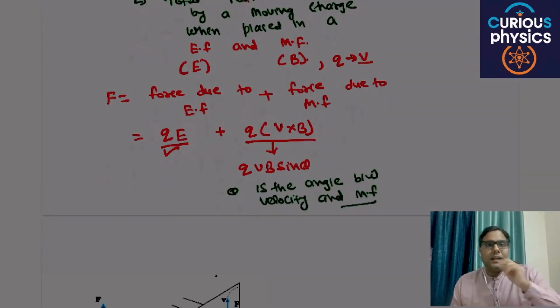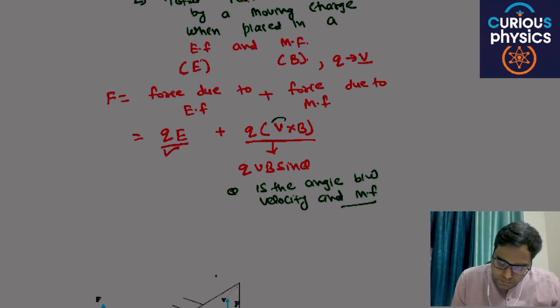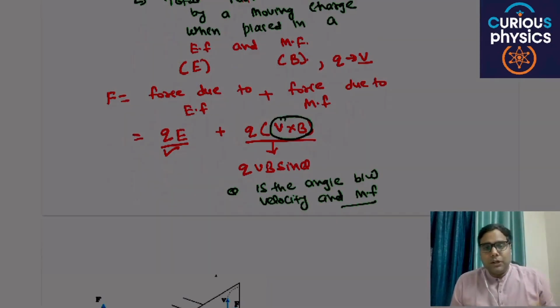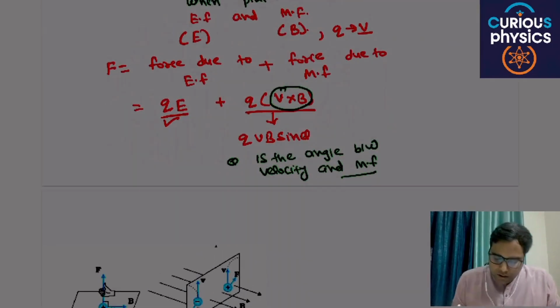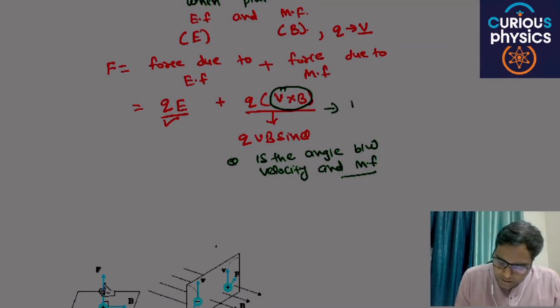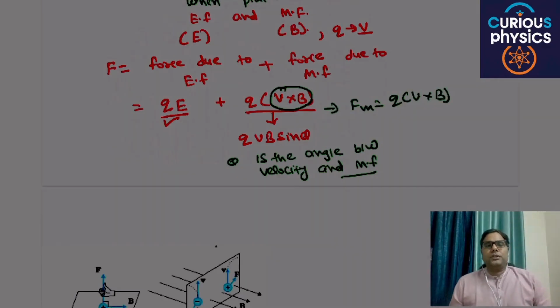In V cross B the direction is very important. How do we find V cross B? V cross B is a third vector, so the magnetic force will be Q V cross B. So how do we get the direction of this magnetic force?